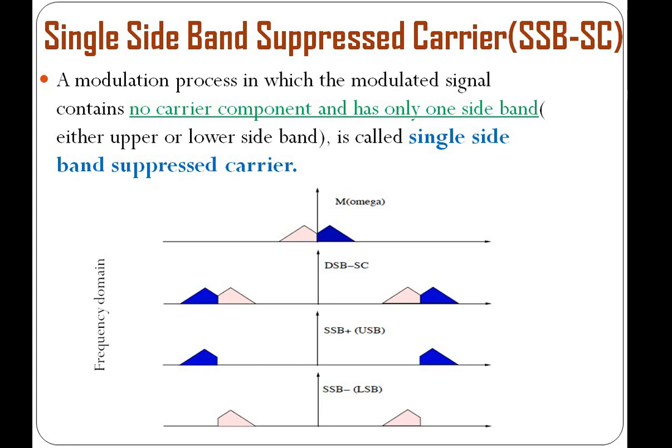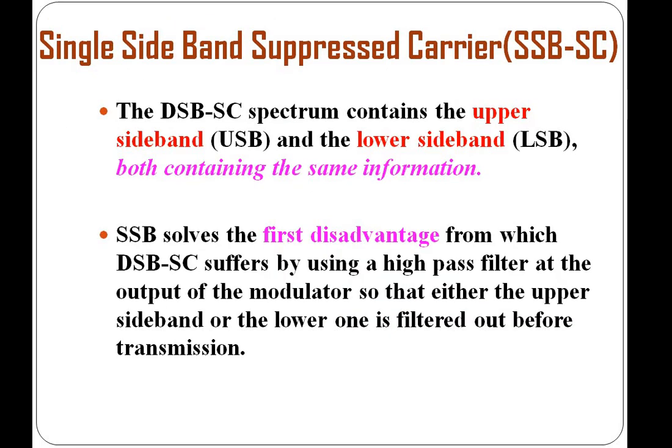So that is one of the advantages of single sideband modulation. Your SSB system reduces the power transmission, it suppresses the carrier, and your bandwidth is also reduced. This was the advantage of single sideband suppressed carrier.